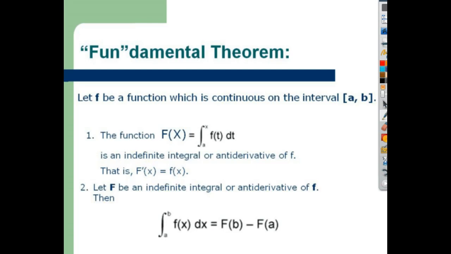We can say then that the derivative, F prime of x, would give you f of x, not f of t, f of x. If F was the definite integral from a to b of f of x dx, then we have F of b minus F of a.